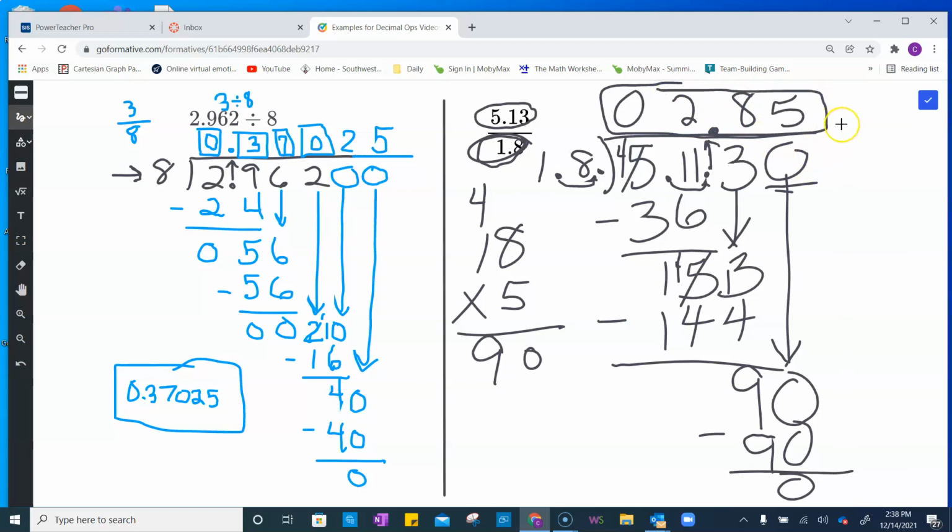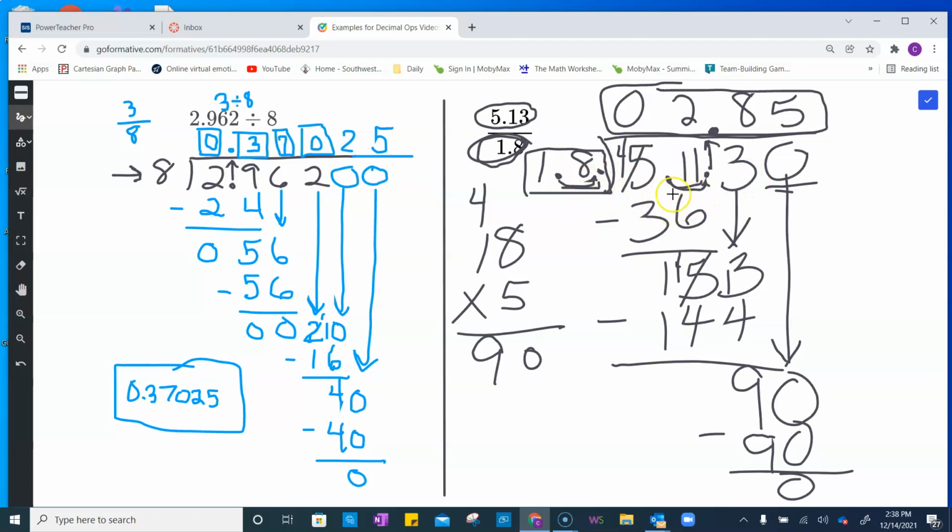2.85 is my quotient. So when you divide by a decimal, the number at the door is a decimal point, you need to create a whole number by swooping the decimal as many places as it takes to get it to a whole number. So if I swooped it once, I have to swoop this once underneath. If I needed to swoop it twice, I would need to swoop this one twice underneath. So you got to match.